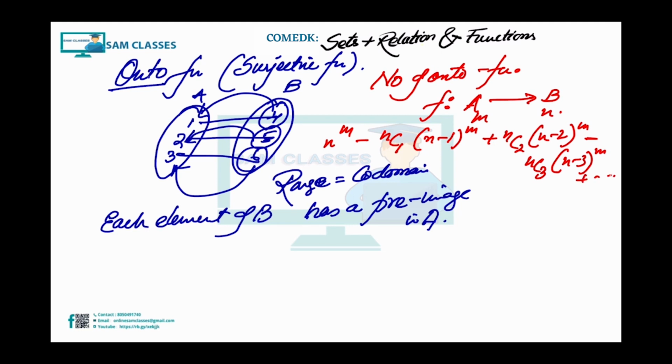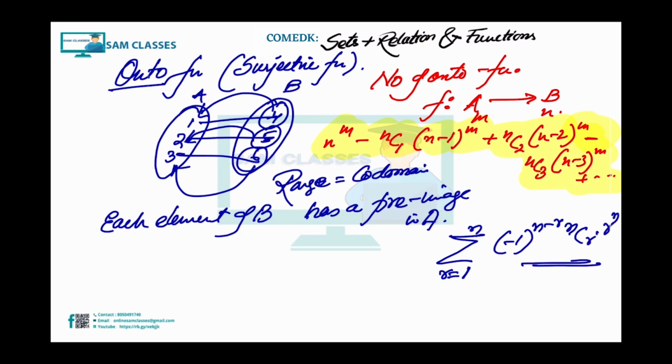Now you'll say, sir, the formula looks pretty big. Okay, how do we apply it? Once we see it in the exam, we don't have to do more than 2 to 3 steps of the formula at max. So don't worry about that. While we are doing the PYQs, we'll show you how to do it. Okay, you can go with this formula also: sigma r goes from 1 to n, (-1)^(n minus r) nCr r^m. So you can go with this formula also.